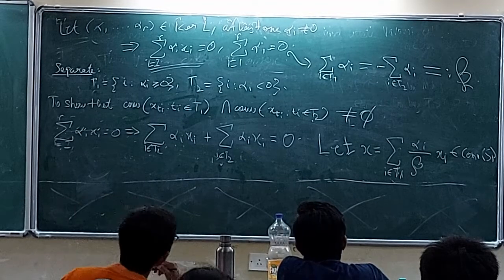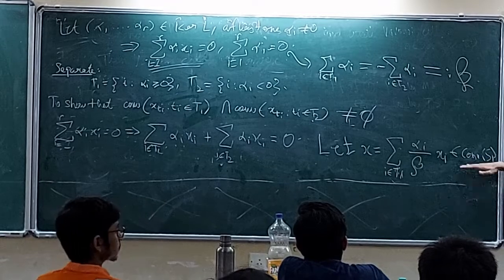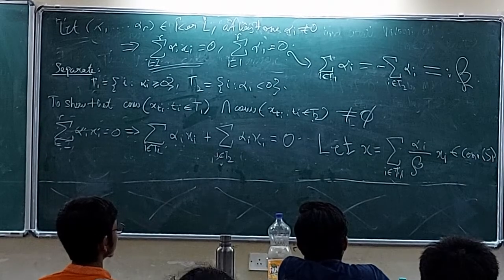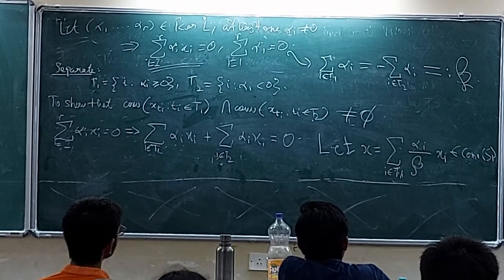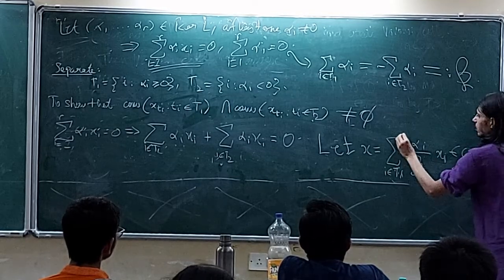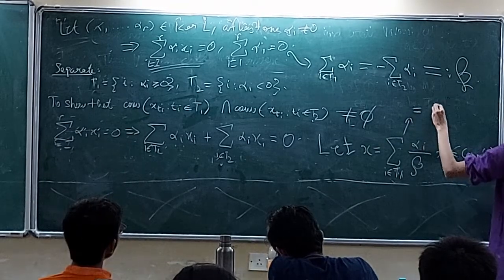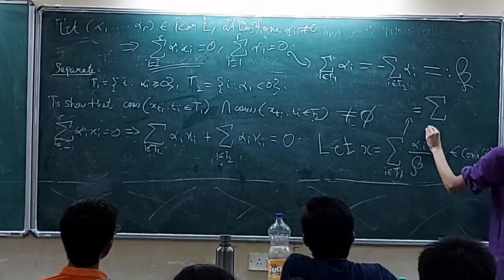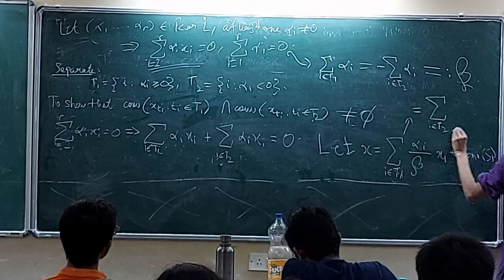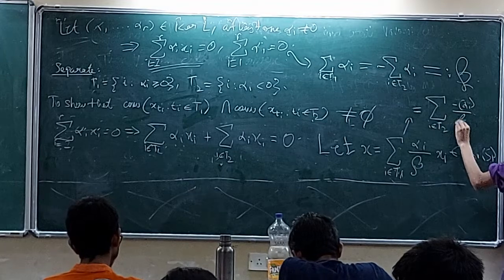So x can be written as a convex combination of elements in T1, and similarly x can also be written as a convex combination of elements in T2, because if you do the minuses, you will see it is also the summation over i in T2 of minus alpha i by beta times xi.